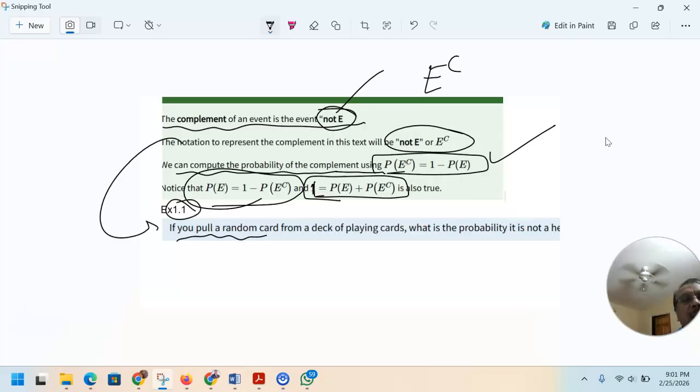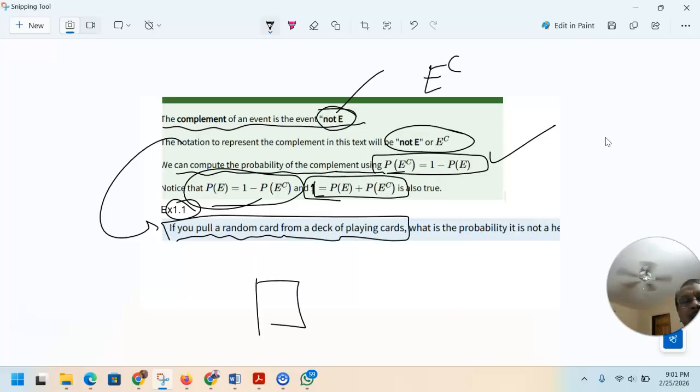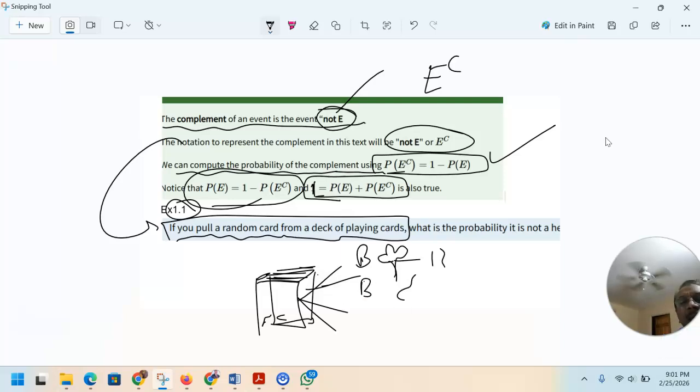If you pull a random card from a deck of cards, this is a deck of cards, let's say. A deck of cards contains 4 suits. There are black ones, which are clubs, 13 of them, and there is also another black suit which is spades, 13 more.